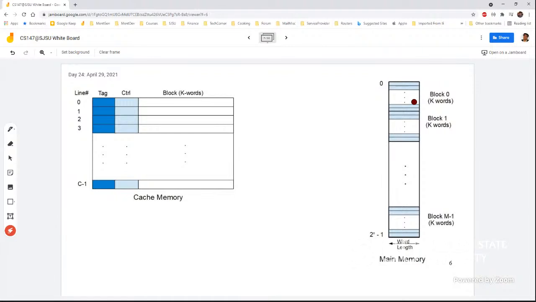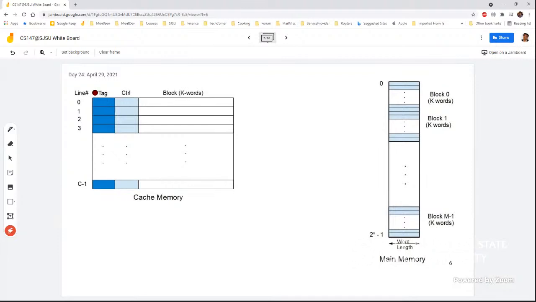Those assumptions, that k and the number of cache lines c are powers of 2, help us avoid the division circuitry.